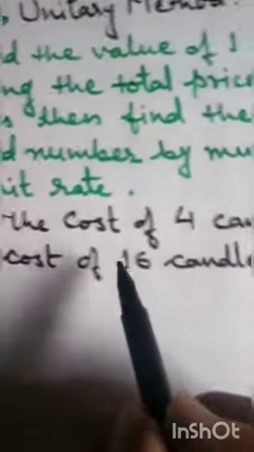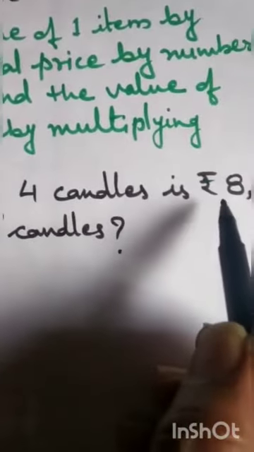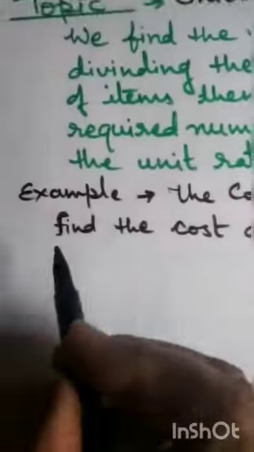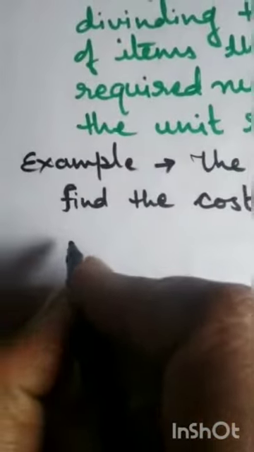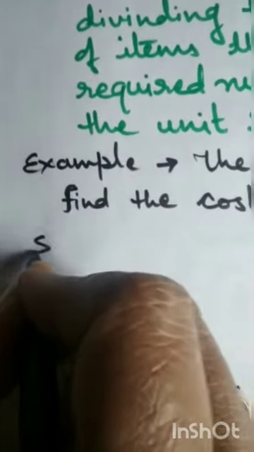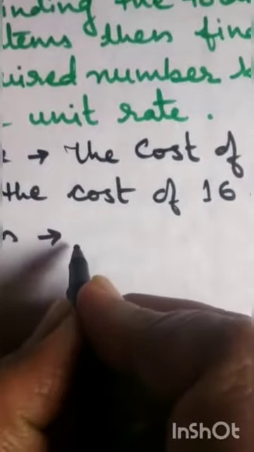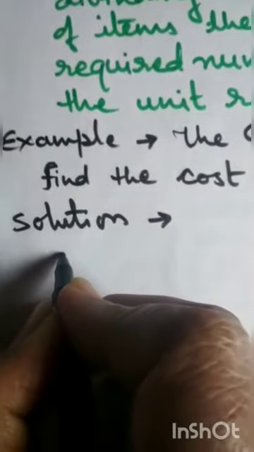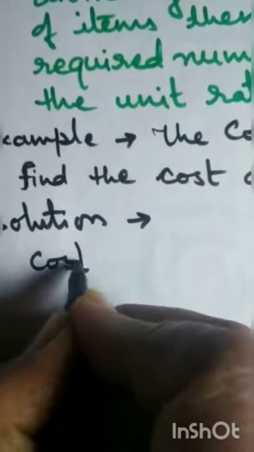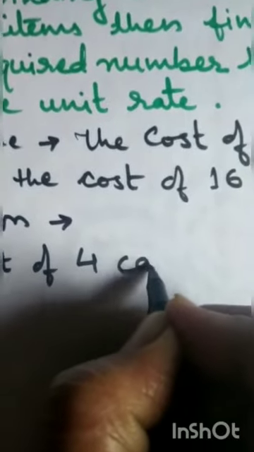For example, the cost of 4 candles is rupees 8. Then find the cost of 16 candles. So in the solution, write the first statement: cost of 4 candles.